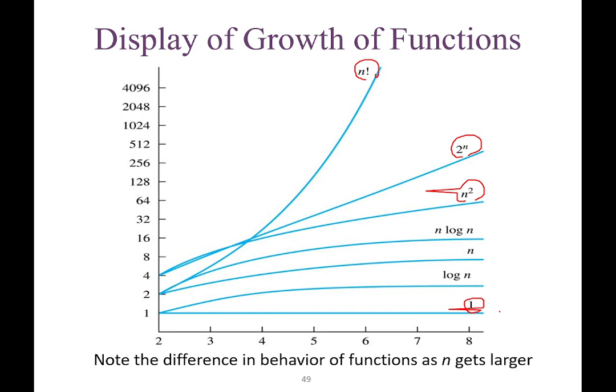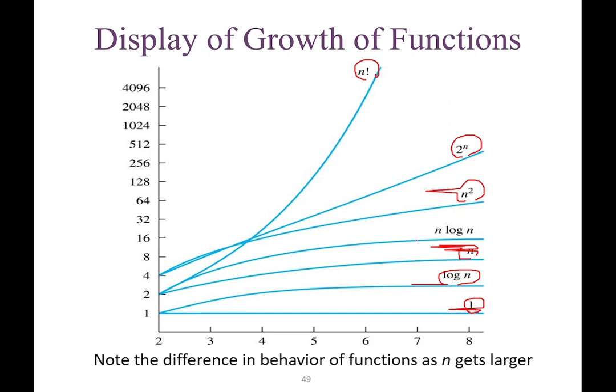So there is no growth of the constant function. And we have n and log n. If you remember the previous example, log n is less than n. That result comes from the previous example: log n is big O of n.